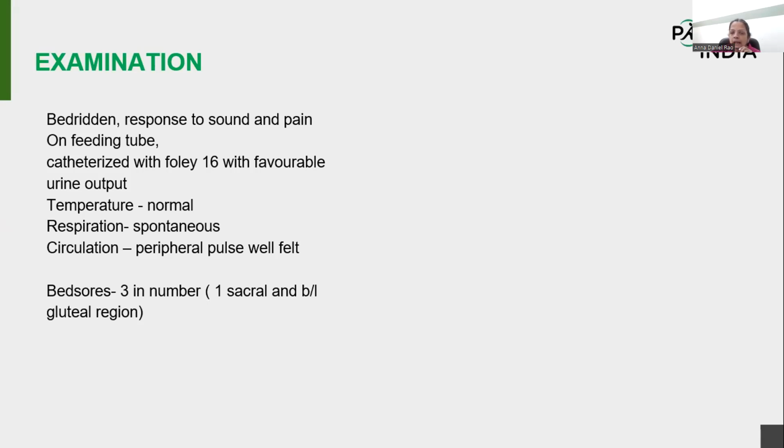Always keep it hanging below the level of the bladder, or they can place it in some vessel. Right? Put the collecting bag in some vessel, some small tub, on the floor. So that will also help in collection of the urine with the help of gravitational force. Okay, so that should be the same.